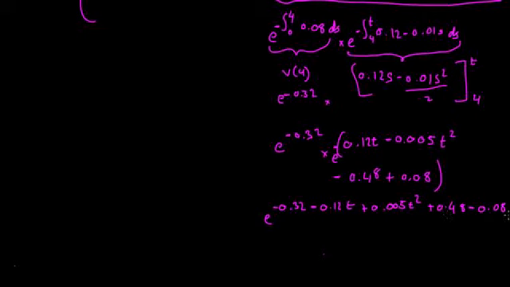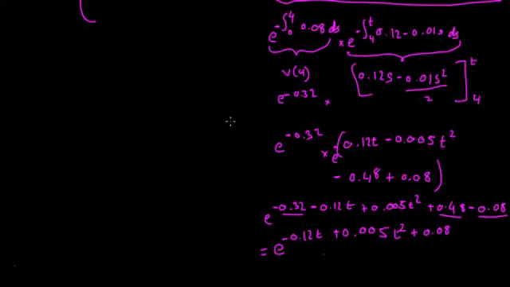So this bit over here becomes 0.4, minus this 0.32, because they can all work together, becomes 0.08. So it's then going to be e to the negative 0.12t plus 0.005t squared plus 0.08. And that's our answer for the next time constraint.